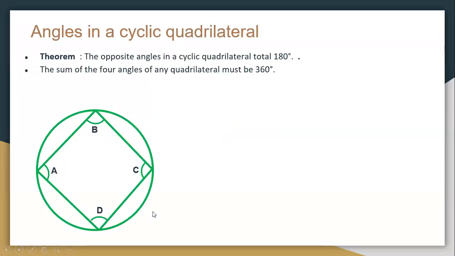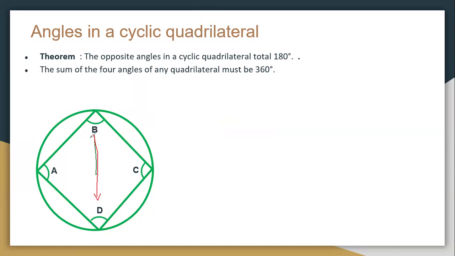Allow me to go into the theorem. What does the theorem tell us? The theorem tells us that whenever you have a cyclic quadrilateral, the opposite angles, the angles facing each other, have something special. Yes, Carl? Okay.